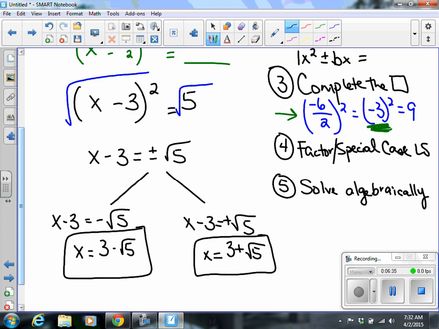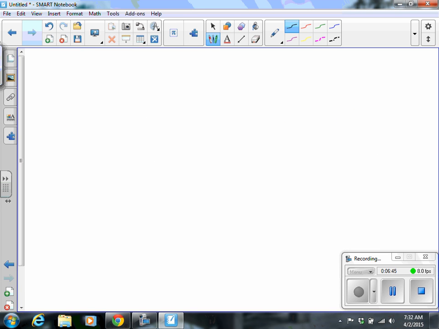So we're going to go through one more. I'm going to follow my steps the same. This time I am going to have an a value that is not 1. So with this example, we have 2x squared minus 9x minus 5 equals 0.